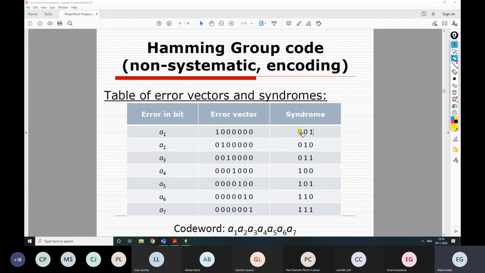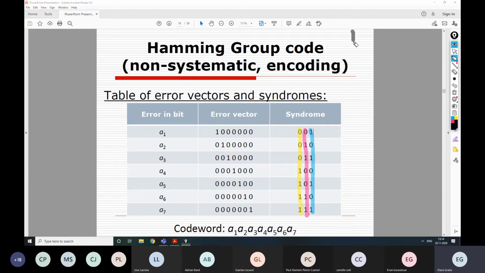For example, we are going to use this first column for the first equation, the second column for the second equation, and the third column for the third equation. So each of these columns defines a coding equation, and we will have a total of 3 such equations.